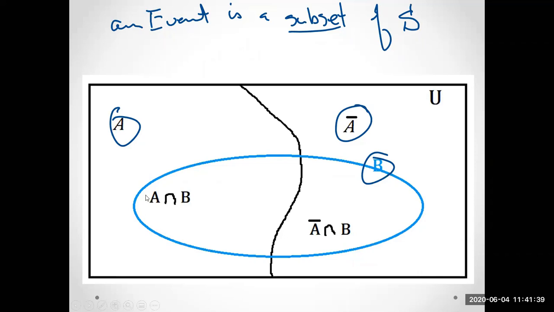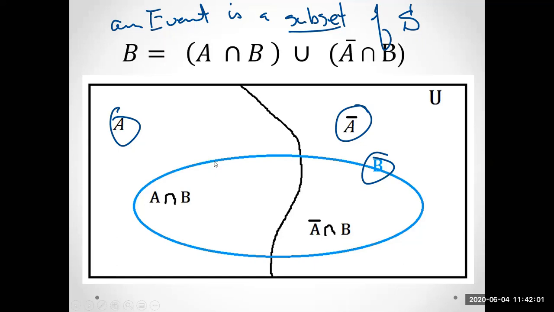This is A intersect B, and this piece here is A complement intersect B. So B can be written as the union of this piece and this piece. Everyone agree with that? Okay, so B equals A intersect B union A bar intersect B, right?